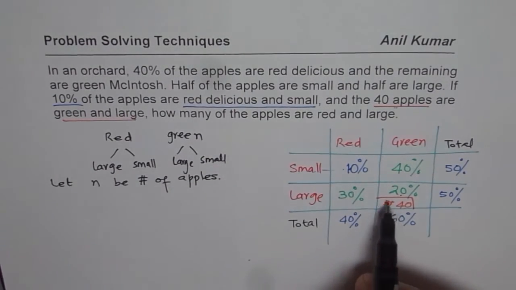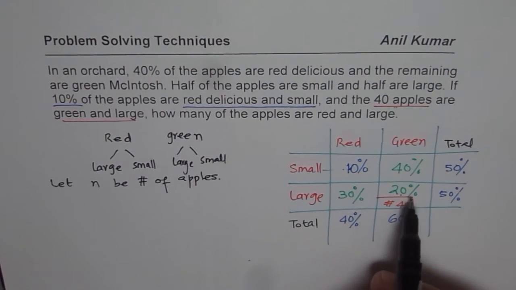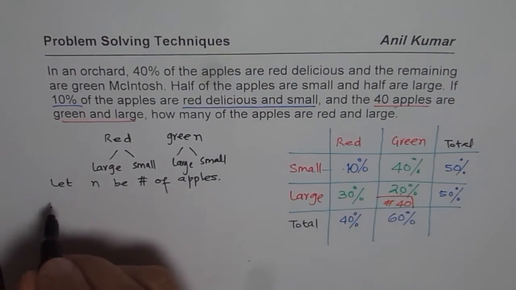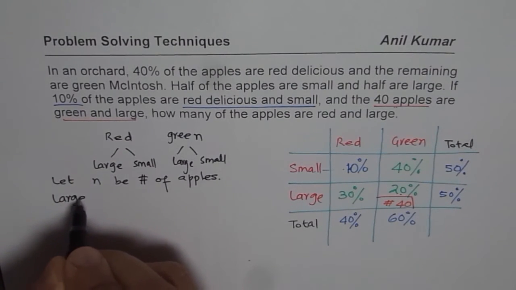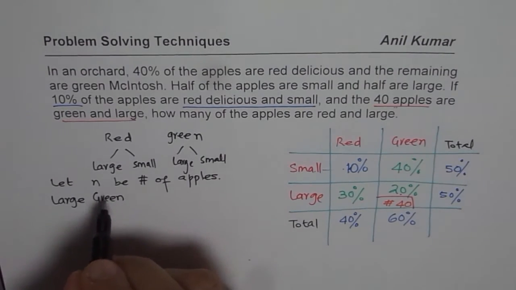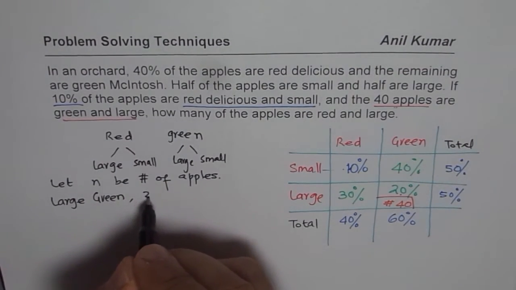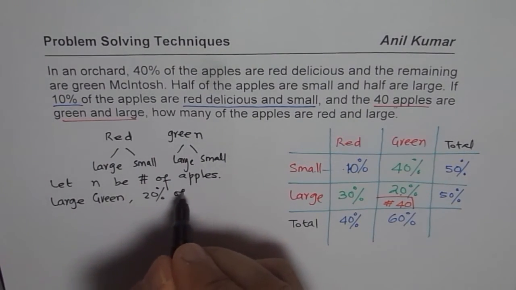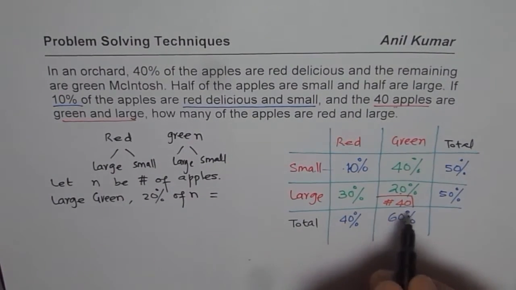In that case, what we know here is that 20% quantity is 40 in number. Do you understand? So the large green apples, so we are given large green apples are 20%. Is it okay? So 20% of n is actually equal to 40.